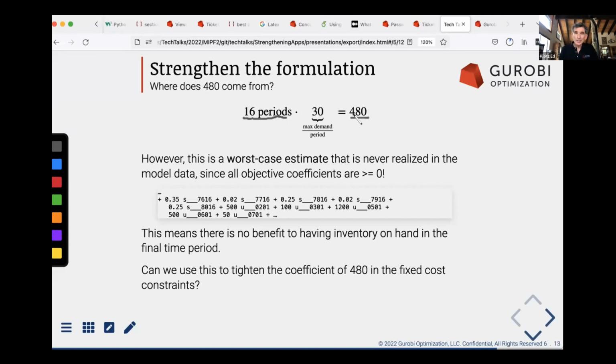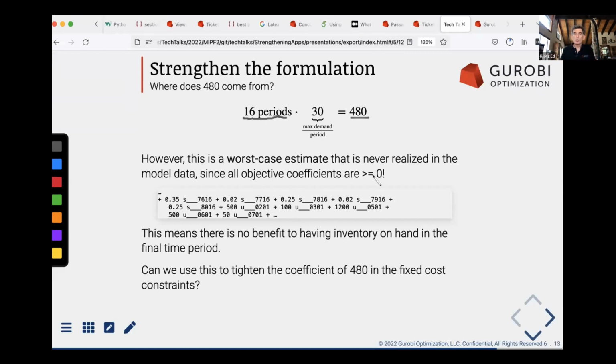And in doing that examination, what we discover is that this 30 is basically a worst case estimate that is never realized in the model data, since all the objective coefficients are non-negative. In other words, there's no reward for having inventory at the end of the process. That's why the non-negativity of the coefficients is relevant here.